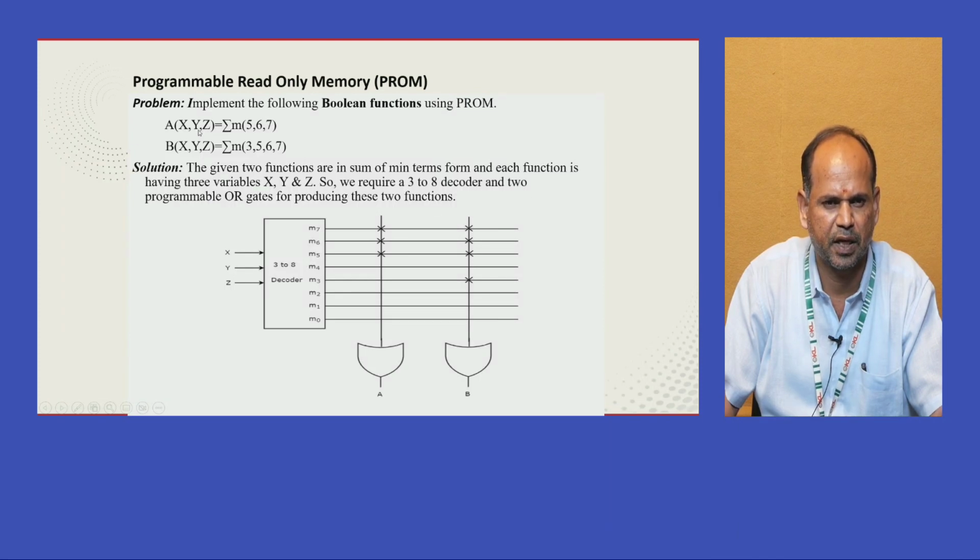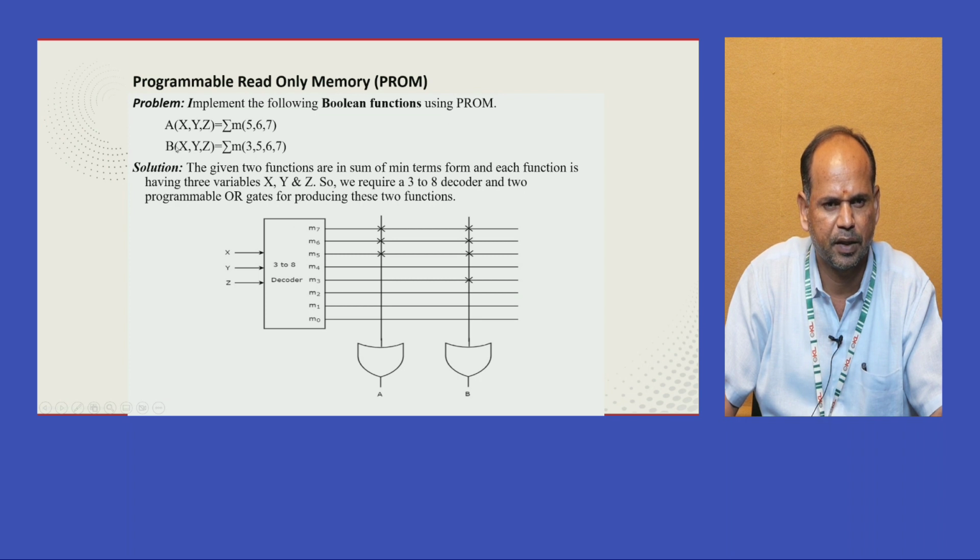Symbolically we consider them X, Y, Z. Three inputs mean the possible outputs are 8, depending on the 2 to the power of n formula, that is from M0 to M7.